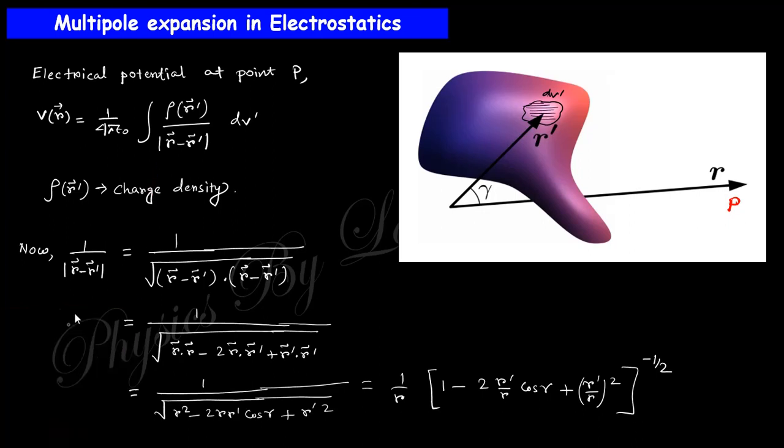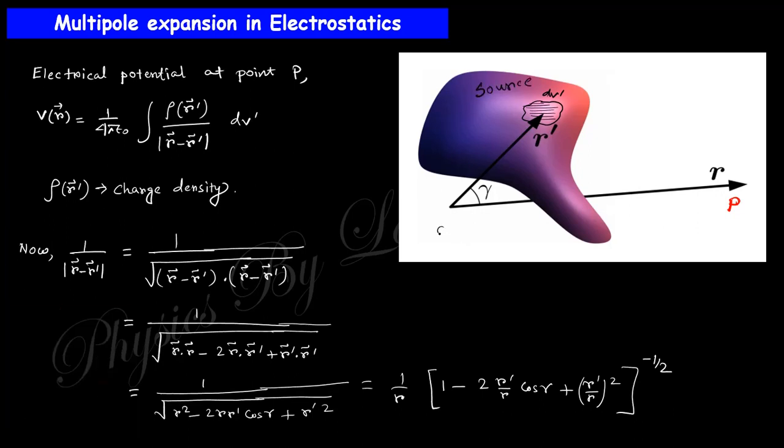Okay, so just check out, if this is a charge distribution and we want to find the potential, the field, at this point P. At this point P, the potential will be like that, where rho is the charge density, which is a function of r prime. R prime is the source point, and this is the field point. This is the origin.